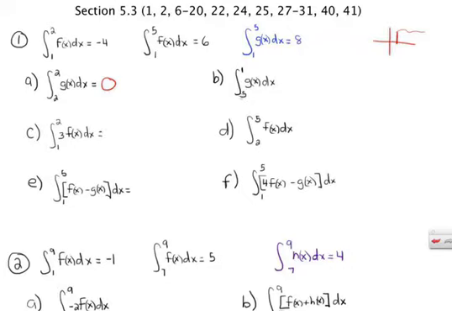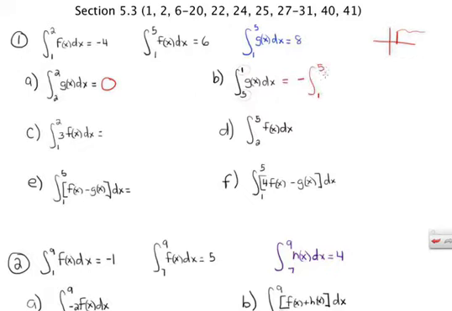Part B asks us to find the integral from 5 to 1, which we should quickly recognize that the lower bound and the upper bound are kind of reversed. So there's a couple ways we can look at doing this. First of all, if this makes you uncomfortable, then we can easily just change what this problem says and know that the answer is going to be just the opposite.